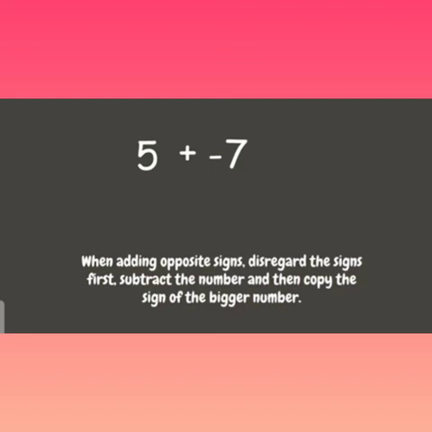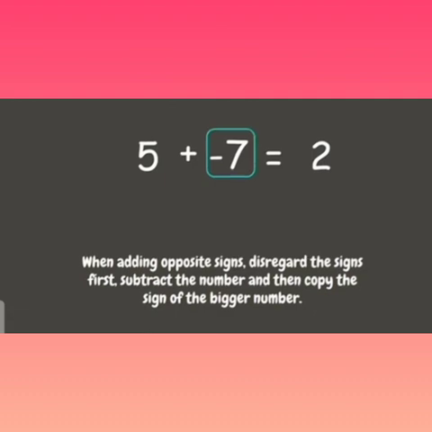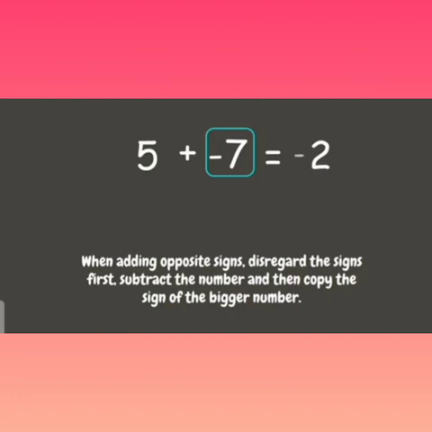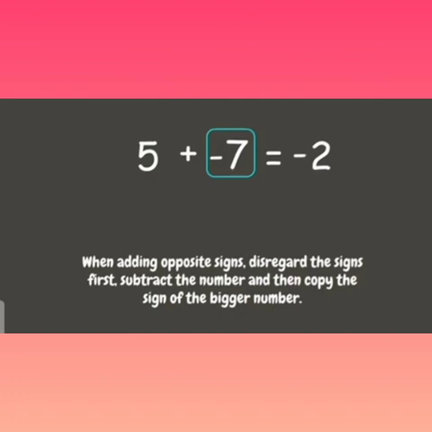Now let's subtract 5 and 7. We will get 2. And then right after that, we are going to copy the sign of the bigger number. Here, the bigger number is 7. And its sign is negative. Therefore, our answer is negative 2.